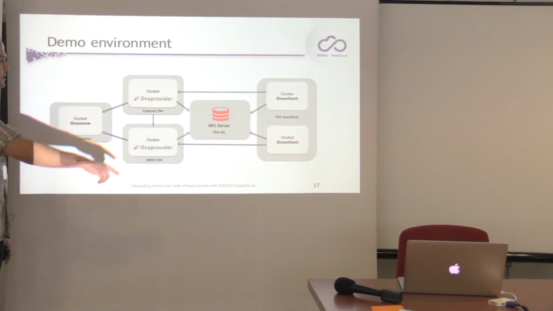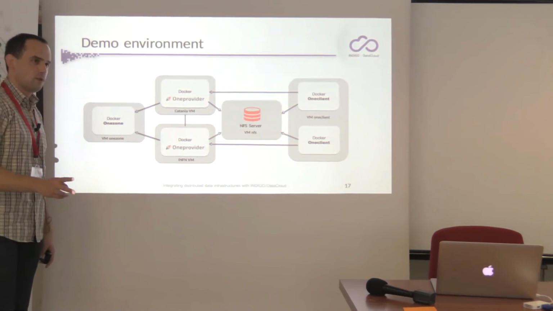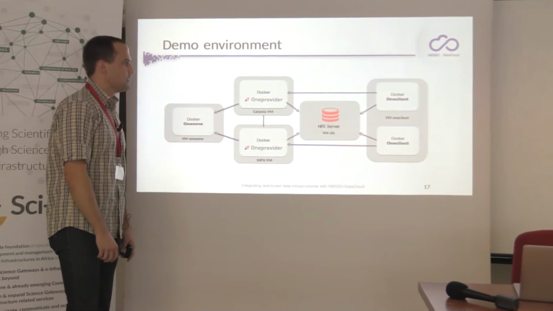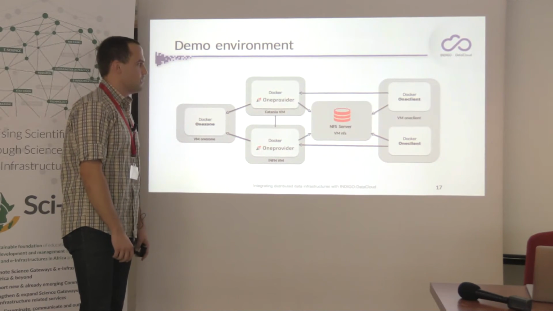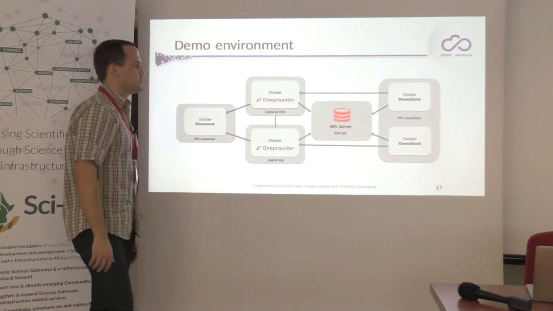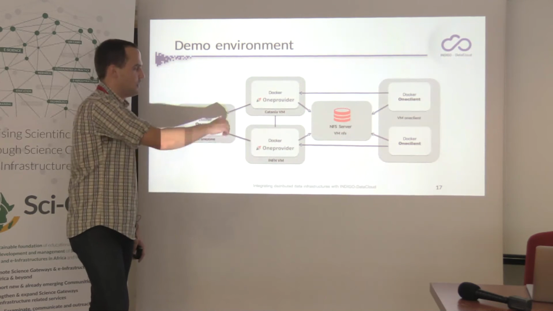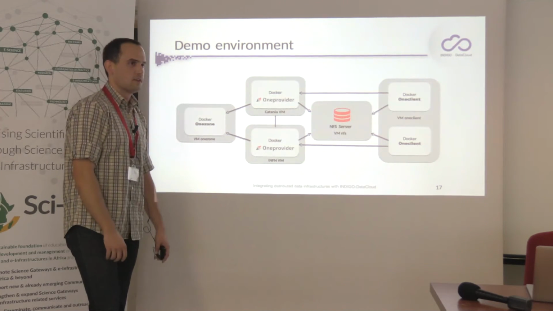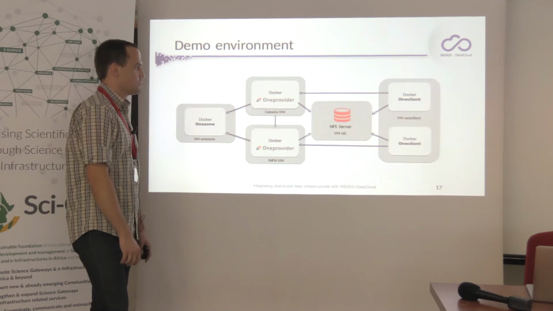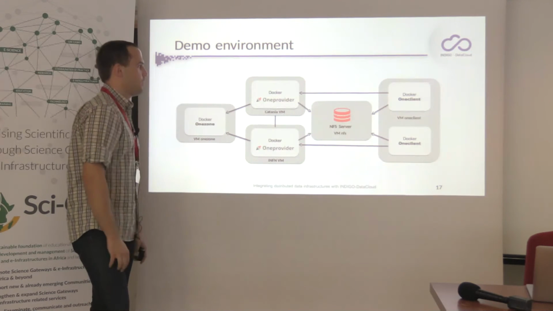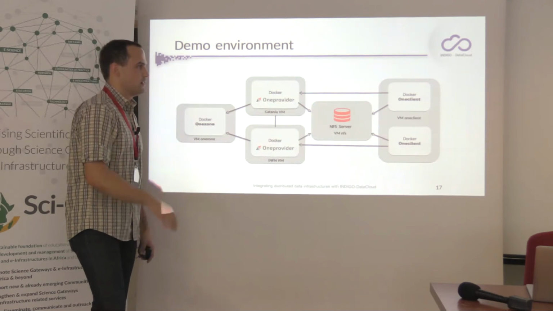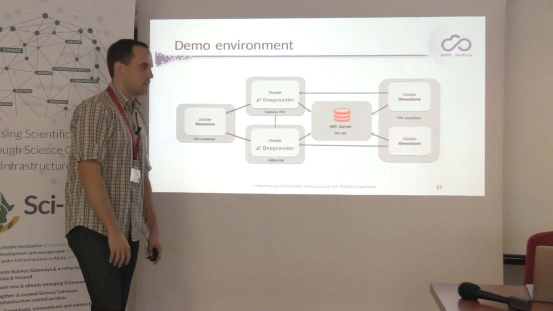And we've got another virtual machine where we've got one client, both running in Dockers. And those 3 virtual machines have access to an NFS server which is hosted on the 5th virtual machine, so that both the providers and the client have access to the data.